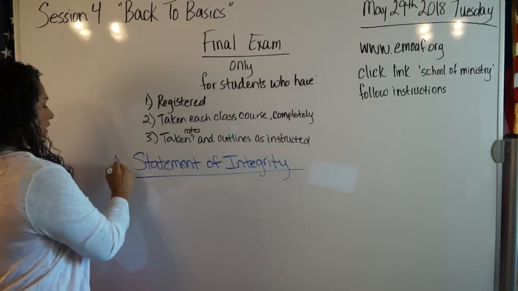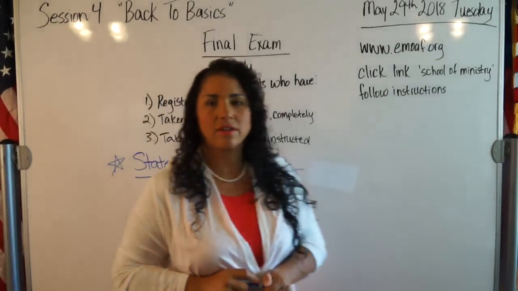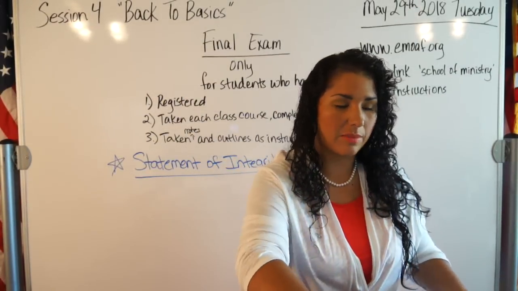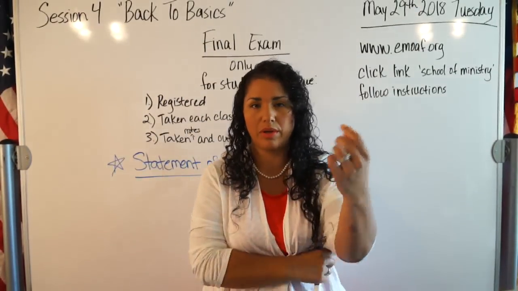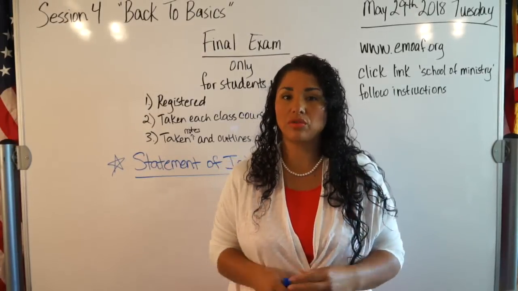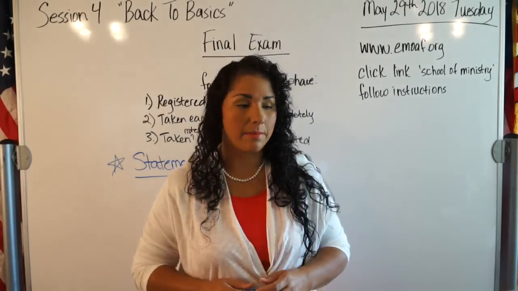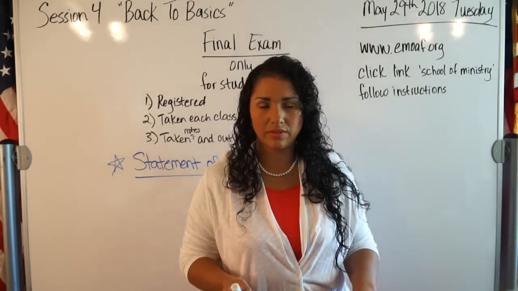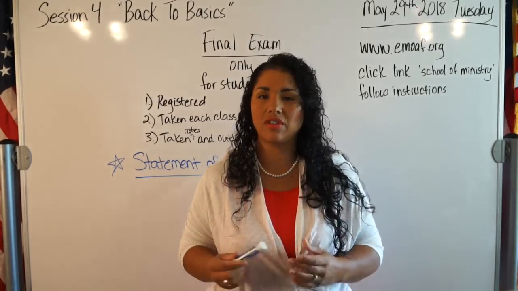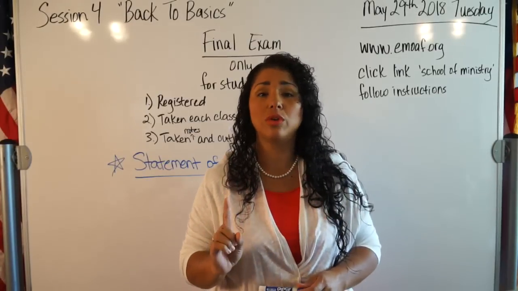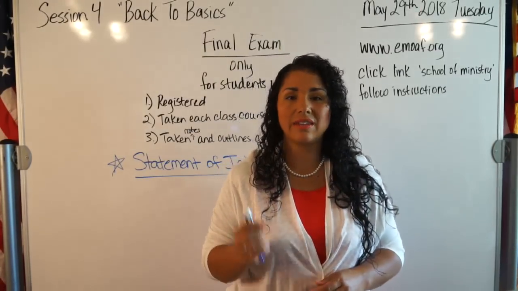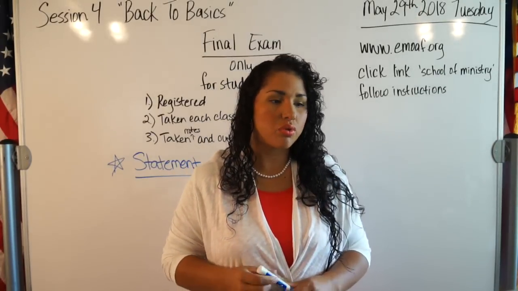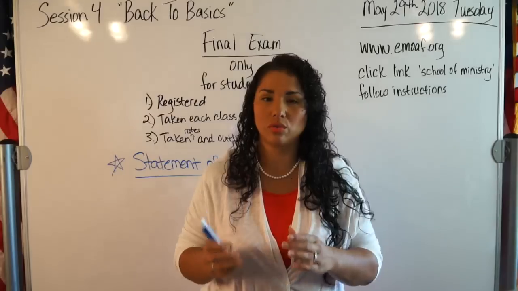The statement of integrity, again, is on the online final exam link, and I will read to you what it says. You will have to be in agreement with it, or you won't be able to further complete the final exam. The statement of integrity says the following: I have completed all classes and exegesis of Session 4 Back to Basics, including notes and outlines as required. I have studied for the finals privately in the finals review.